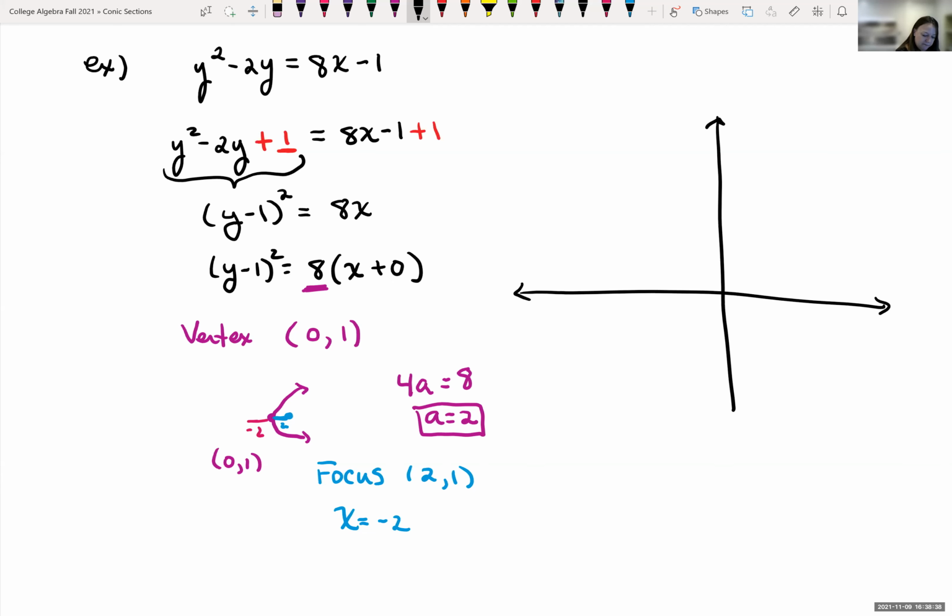So we had our vertex was at 0, 1. Our directrix is x equals -2. Our focus was at 2, 1.